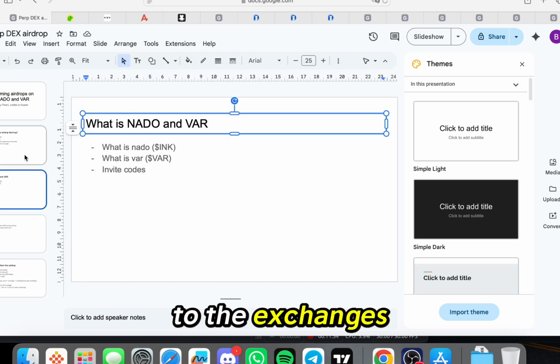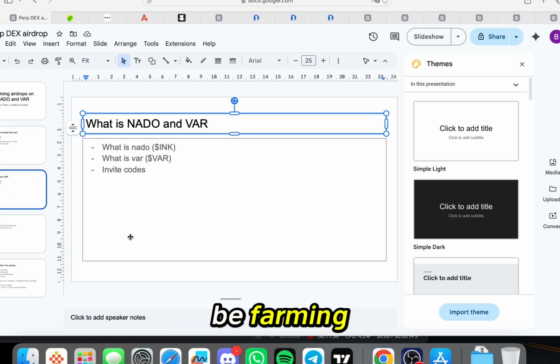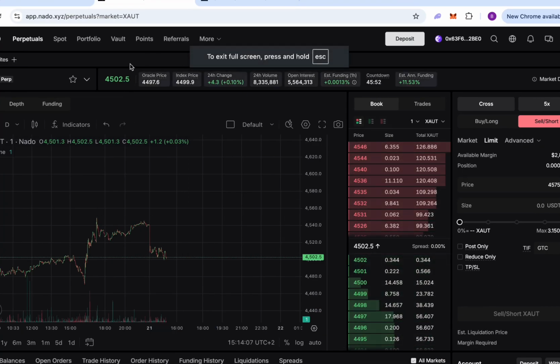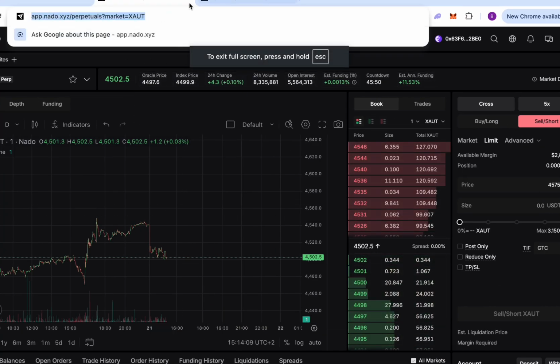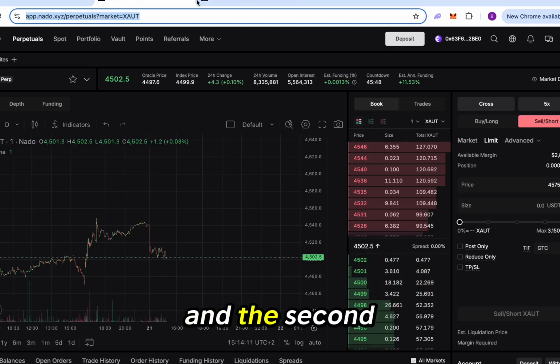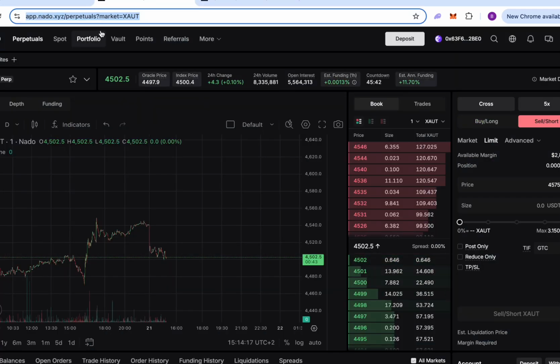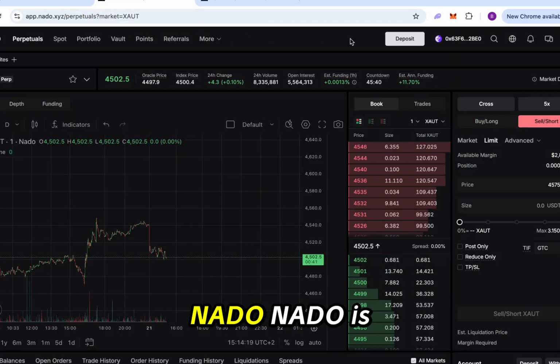So let's go to the exchanges which we will be farming. First one is NATO, which is this. And the second one is VAR, variational, which is this. First of all, NATO.